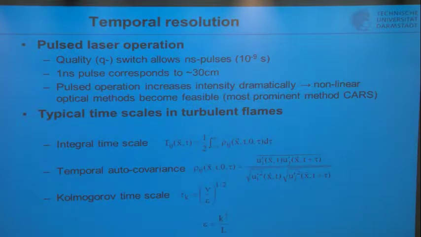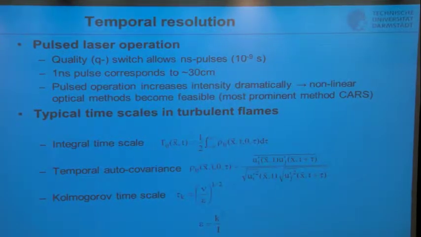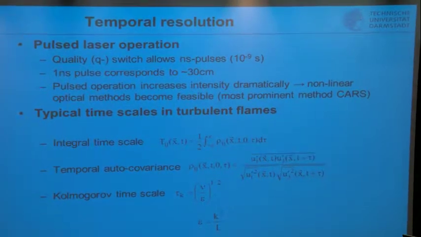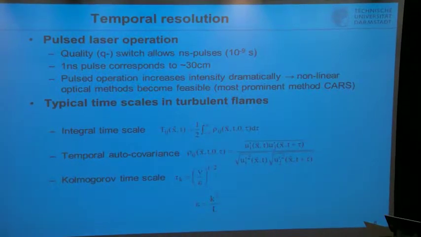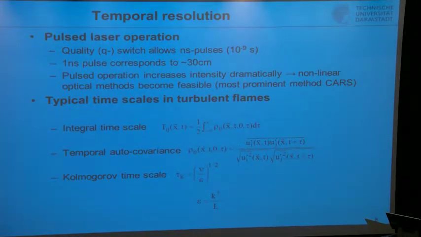Okay. In time, everything is much easier. Because of the way these lasers work, I have mentioned the Neodym-YAG laser, they have a certain way to pulse them that is called a Q-switch, where you build up the inversion, and then by a trigger you enhance the quality of your optical resonator, and then you have a huge pulse coming out which eats up your inversion within a very short time.